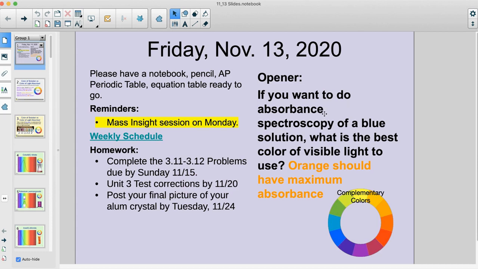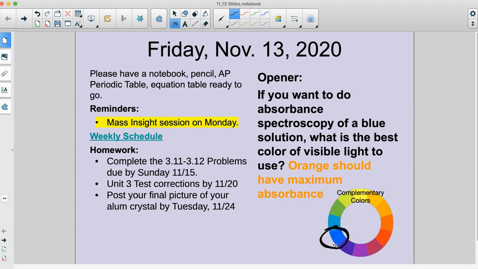So the opener was to figure out if you wanted to do absorbance spectroscopy on a blue solution, what's the best color of visible light? And that would be orange, because here we have blue over here, and that's the color of our solution.